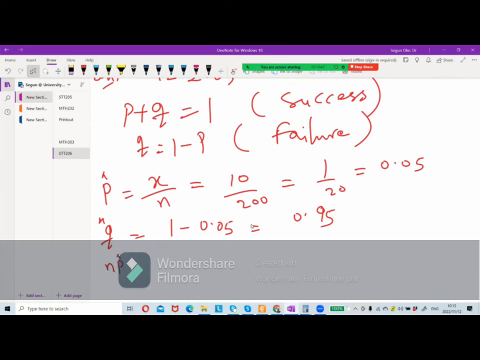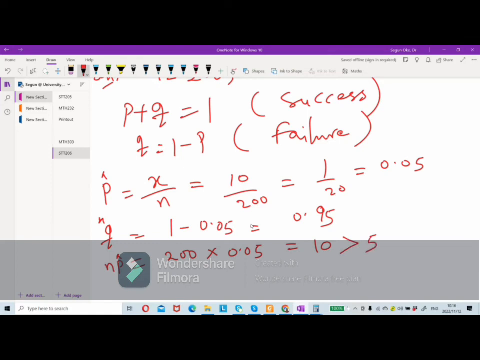So I can now go ahead and say NP, I want to test whether it's greater than 5 or less than 5. NP will be what? 200 multiplied by 0.05. What do I get? 10, thank you.